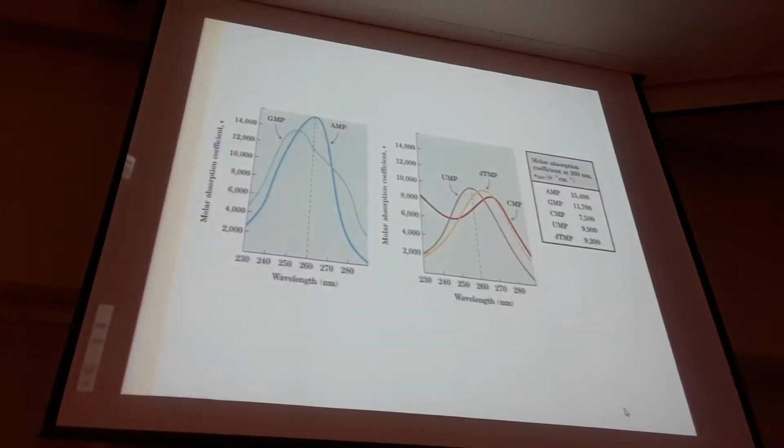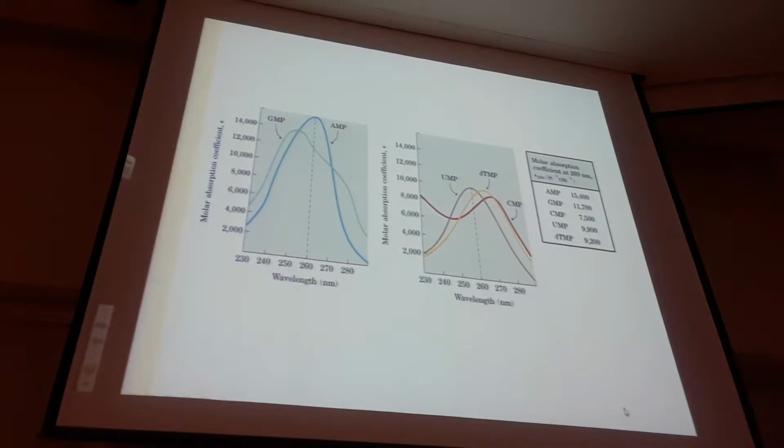If we look at spectra of, in this case, nucleotides, we see that we have absorbance maxima for all of these around, let's say, 260 nanometers, to keep it simple. So all these nitrogenous bases and also the nucleosides and nucleotides have absorbance maxima in this range here.